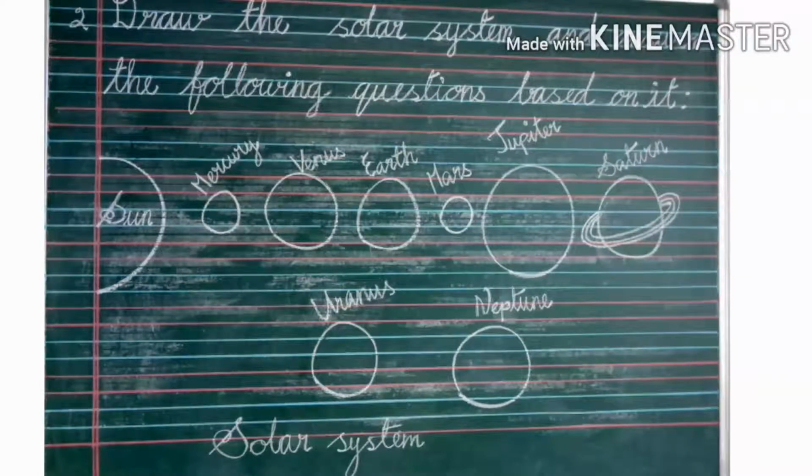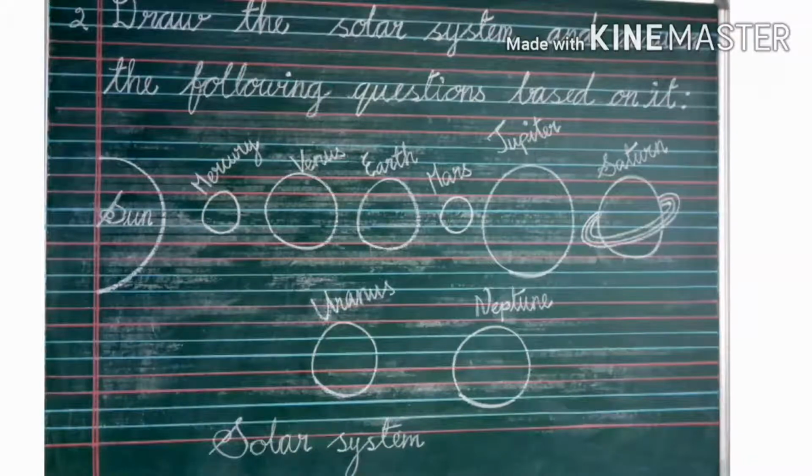Fourth planet is Mars. Fifth planet is Jupiter, which is the biggest planet in the solar system.